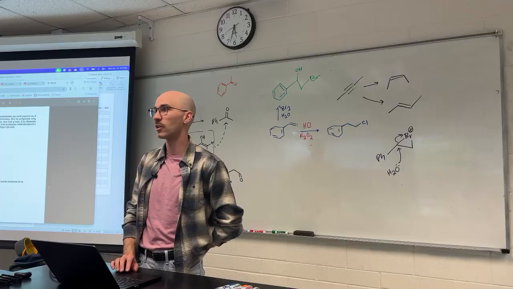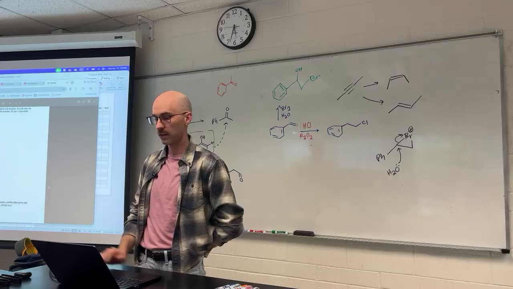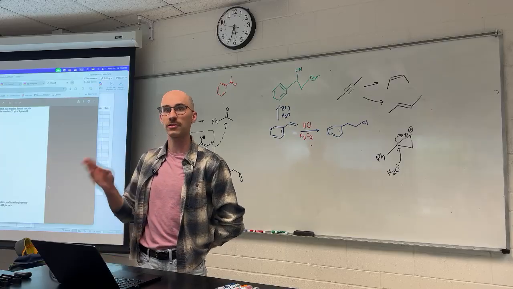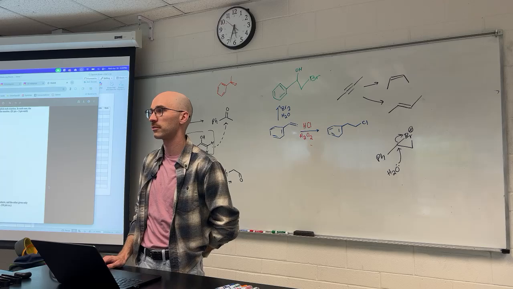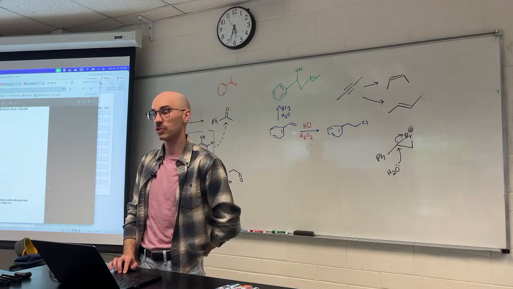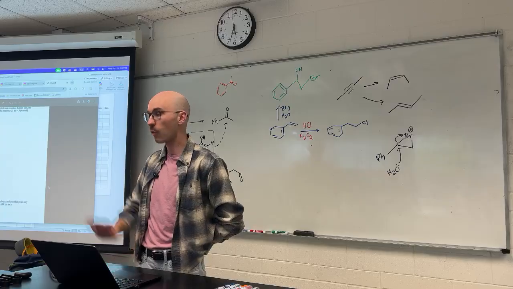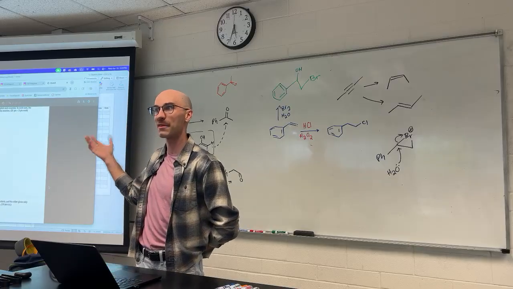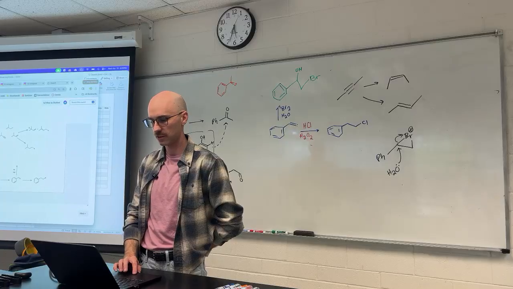No guides, no hints on how many products you're going to have or what it will look like. Then the next page: here's the starting material, here's the product, give me a reagent that completes the reaction as shown. You just got to have it down, no multiple choice. Nowhere else on the exam could you squeeze out some of these answers.